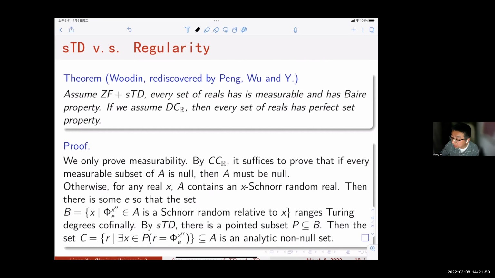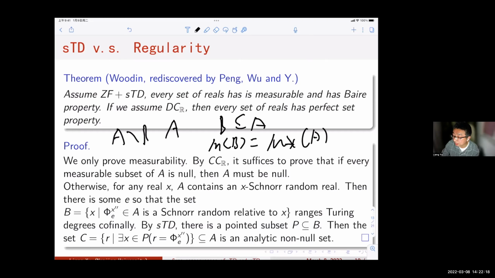It's just because, given any set of reals A, by CCR you take a Borel set B subset of A such that the measure of B is the inner measure of A. Then look at A minus B; it has null inner measure. So we just need to prove A minus B is null.